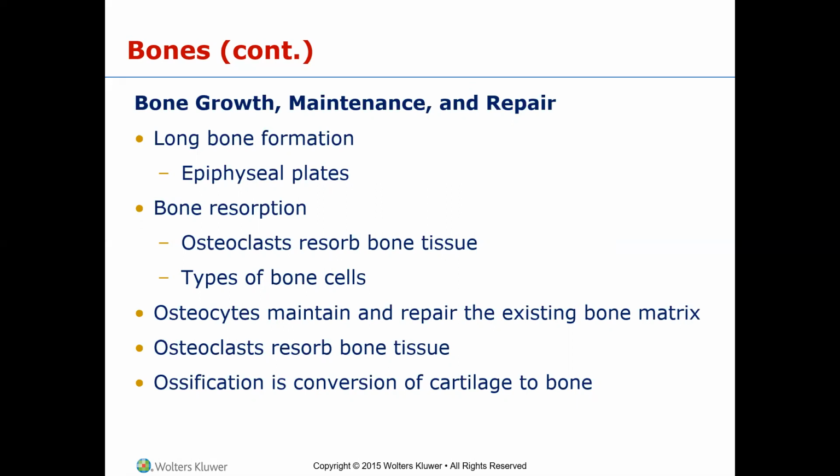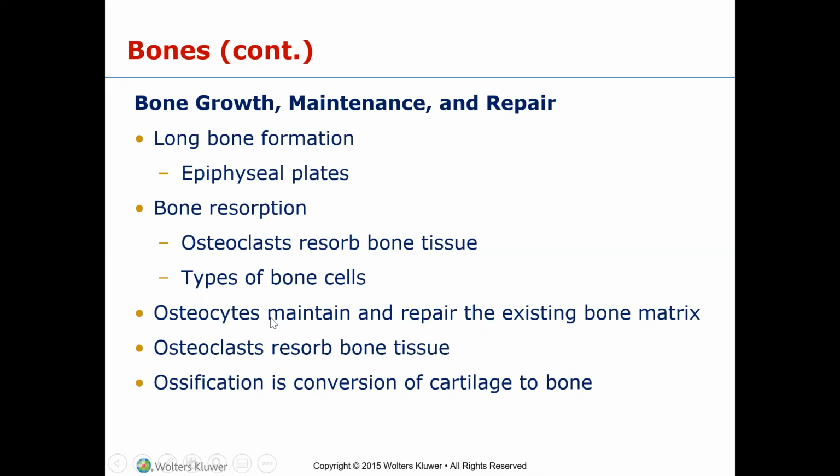And so as that bone is reabsorbed, it has to have a means by which it can be reabsorbed. Some of those cells that do that are called osteoclasts. They resorb that bone, and then they distribute all of the minerals back to the areas where bone formation would take place. So those are types of bone cells.